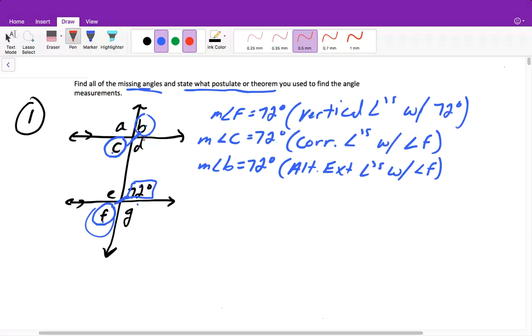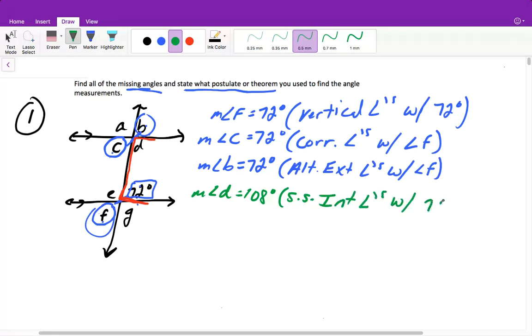There's a bunch of different ways that you could have solved for this. Right now, I'm going to go ahead and solve for this angle D because I see that angle D and this angle 72 are on the same side of our transversal, and they're both between our parallel lines. So that means that the measurement of angle D is equal to 108 degrees, and we know this because it is same side interior angles with, and I'm just going to put the 72 degrees.